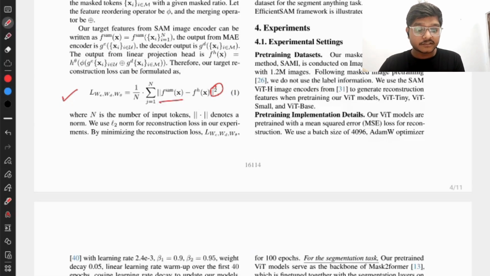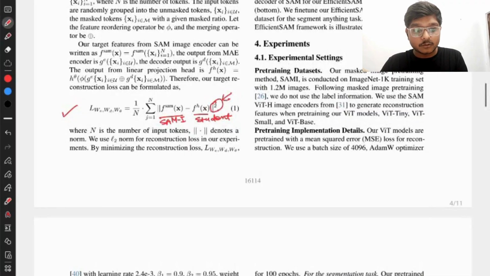F_SAM is the gold standard, the feature embedding produced by SAM's very massive ViT-H image encoder, and F_H is our student's best guess from the lightweight model's projection head. The L2 norm is the Euclidean distance between these two. By minimizing this loss, we are essentially distilling the teacher's knowledge. We aren't teaching the student to see pixels. We are teaching it to replicate the internal logic and semantic understanding of a model that is 20 times larger.